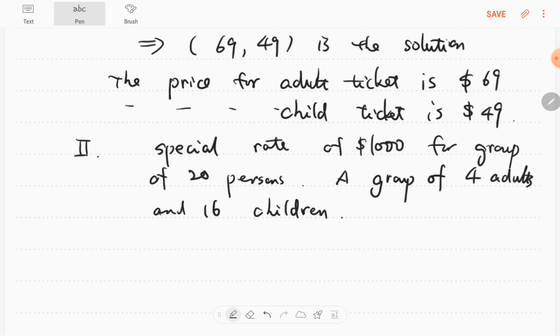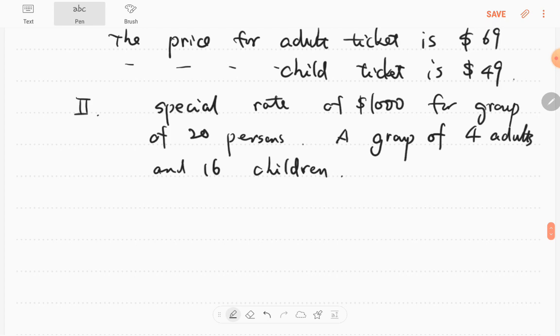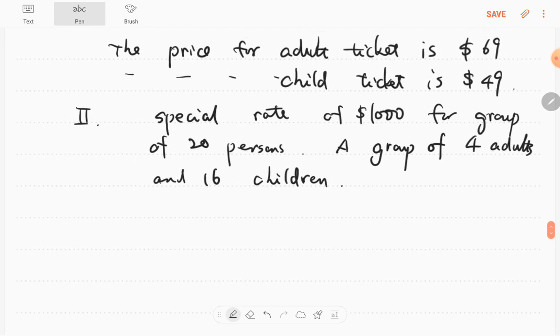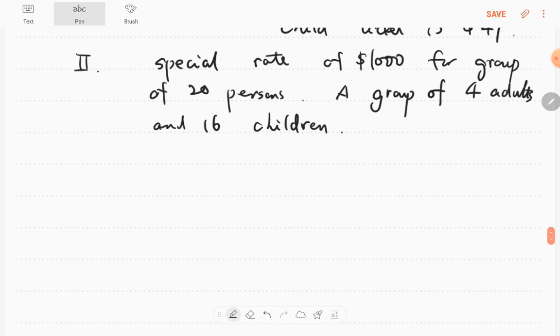So if we do not use the special rate of $1,000, how much will the 20 tickets cost? Let's check.